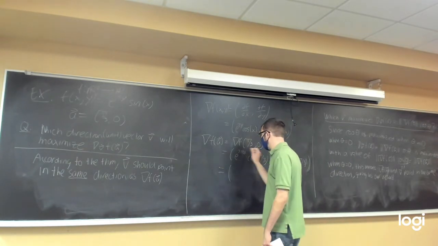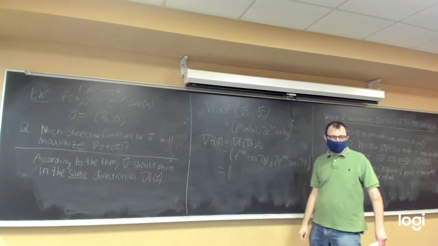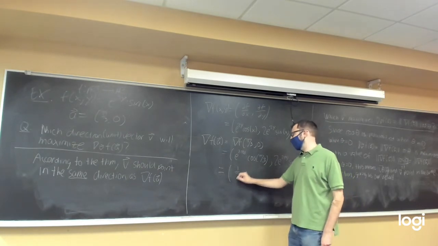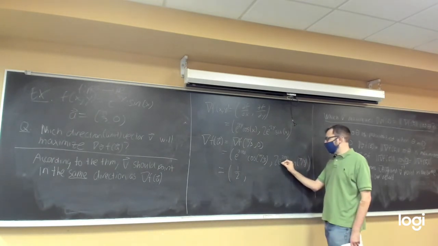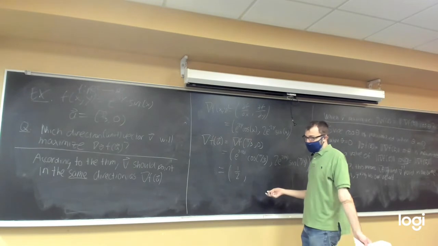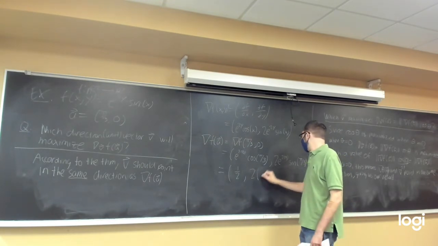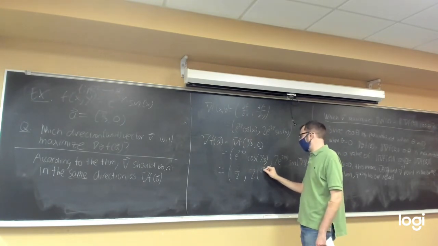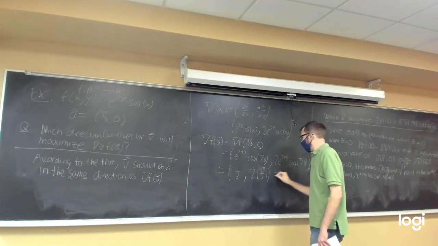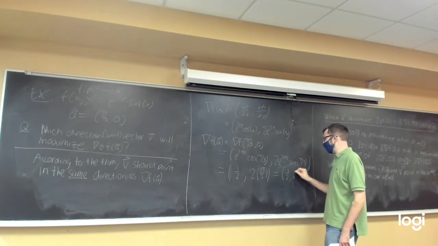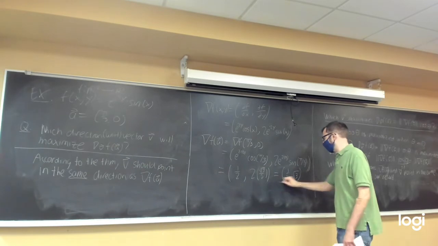When we plug that in, e to the 0 is just 1, cosine of pi over 3 is a half, 2 times e to the 0 is just 2 times 1 is 2, times sine of pi over 3, which will be square root of 3 over 2, and that's going to give us 1/2 comma square root of 3.